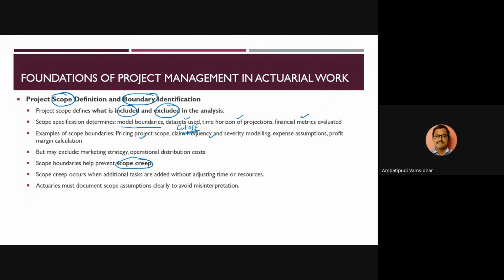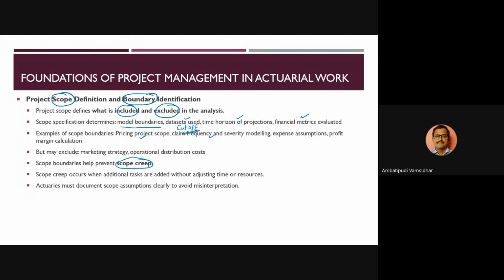By setting that kind of boundaries, that kind of scoping, you will prevent the scope creep, which means new requirements coming in after you have started working on the project, right? That is what scope creep is. Requirements are coming in at regular intervals, and you are not able to complete your initially planned project at all.